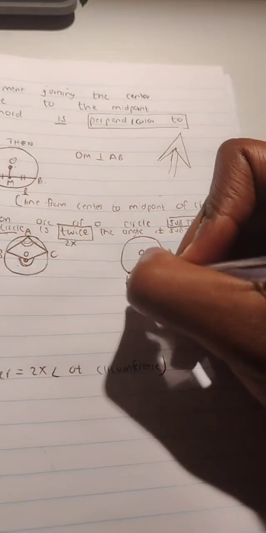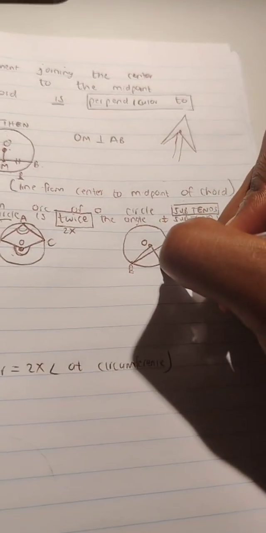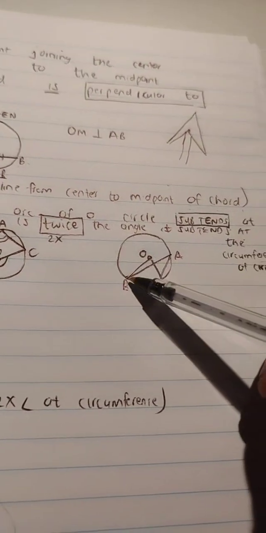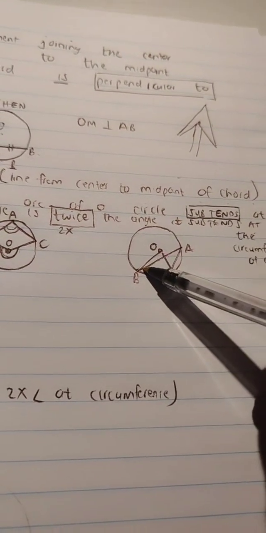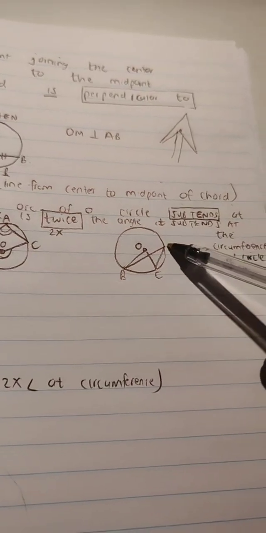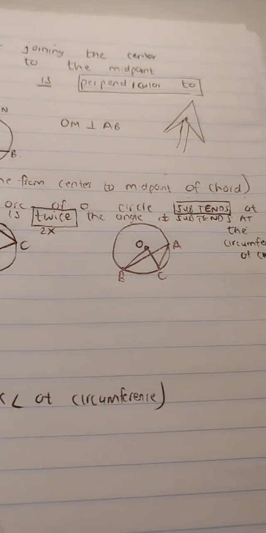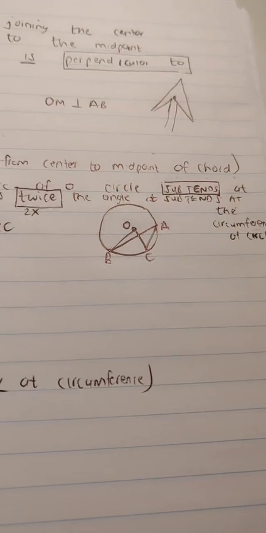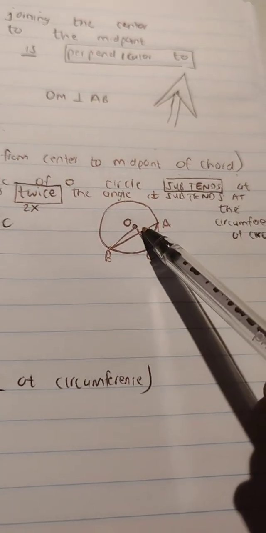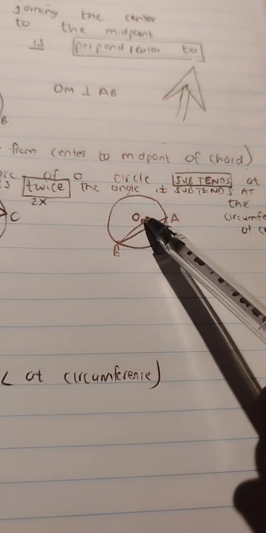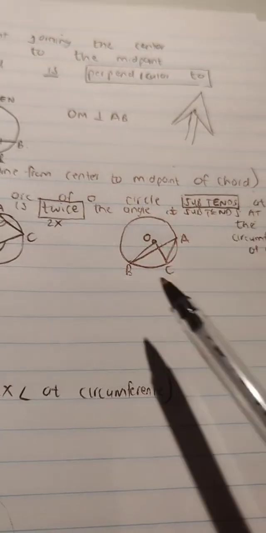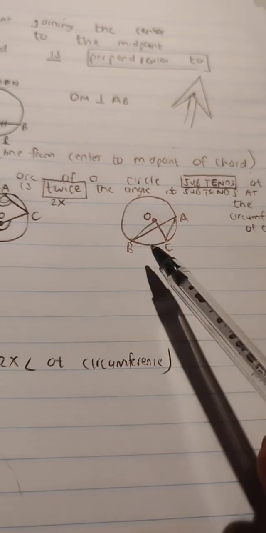A, B, C. How many points, vertices at the circumference? 1, 2, 3. 1 is at the center. Bow tie, guys. The bow tie as well. The bow tie where one of the vertices is at the center. So arc, which arc?